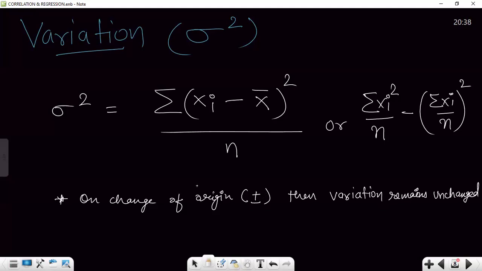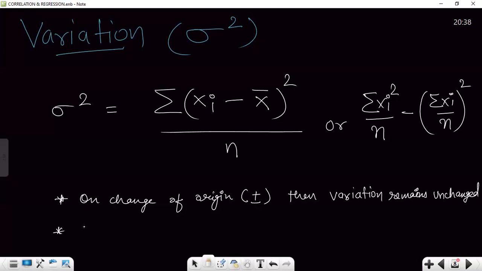So if there are elements like 5, 10, 15, and the variation is given as 5, I'm just giving an example, not exact. And if I subtract 2 from all of the elements, then the variation remains the same.